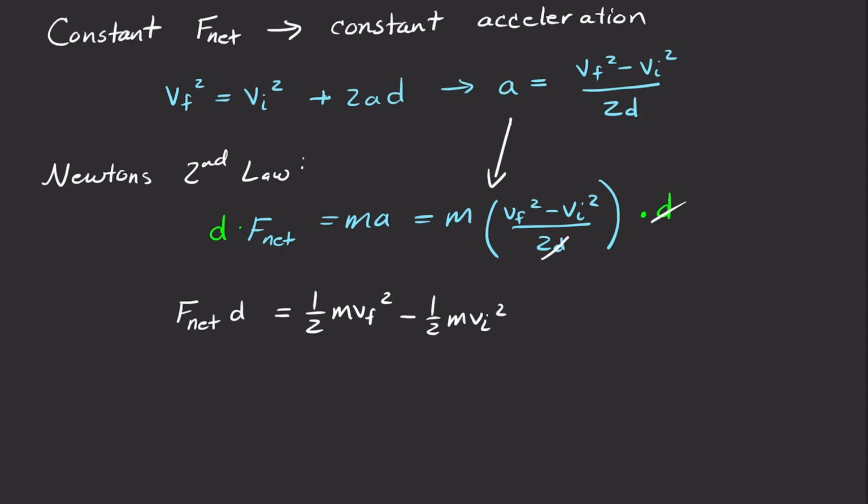Well, this is a force times a displacement. And not only is that, it's the net force. So if we added up all the forces, this would be the net force times the displacement. So not only is this the work, this is going to be the total work done on an object. And it looks like it's the difference in some quantity.